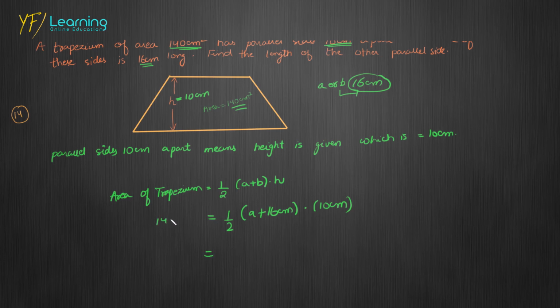And area is also given, 140 cm square. 140 cm square times 2 equals A plus 16, times this 10 cm, which multiplies here, so move it to the left side. So 0 cancels with 0, 14 times 2 is 28 centimeter square equals A plus 16.